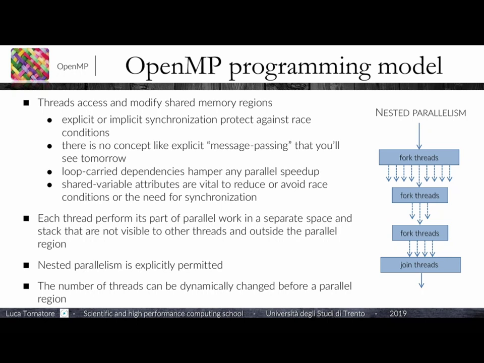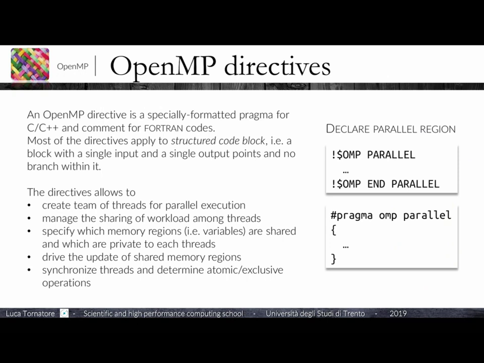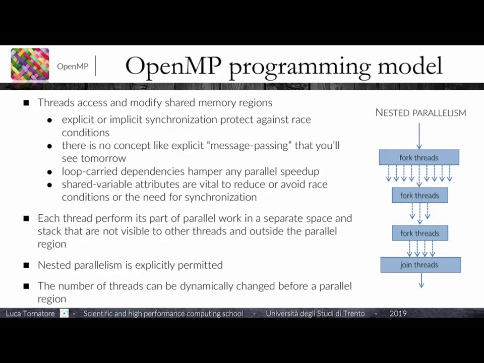And the number of threads, so how many threads you fork, can be dynamically changed before a parallel region. So you have environmental variables that control the behavior of OpenMP. First, how many threads you have to spawn.